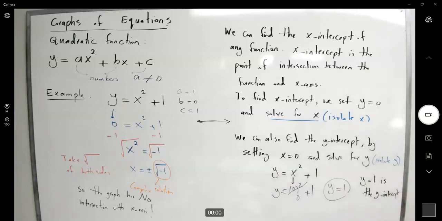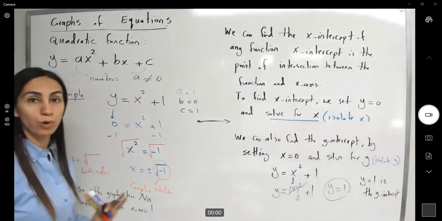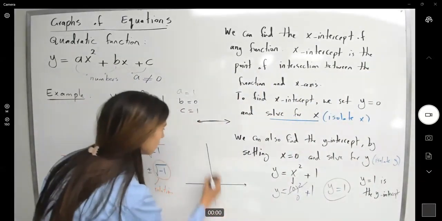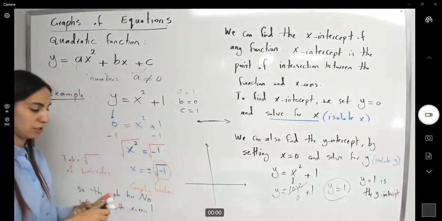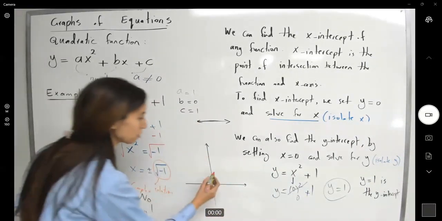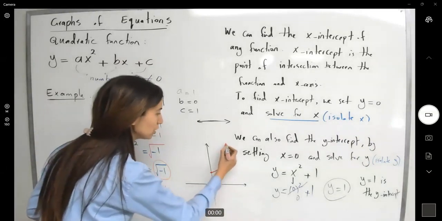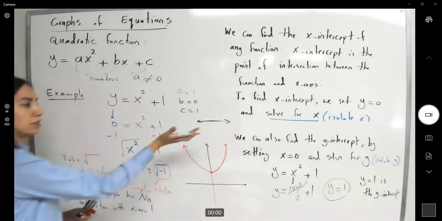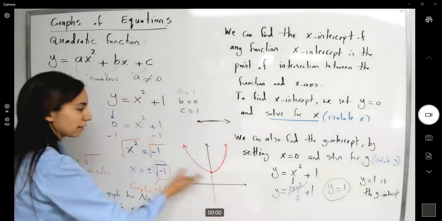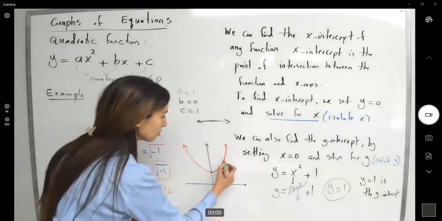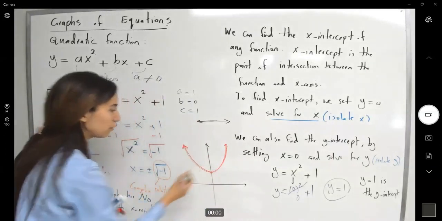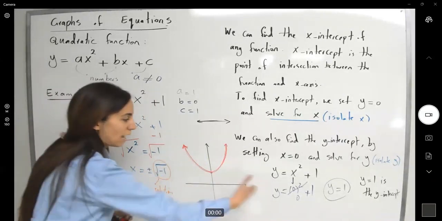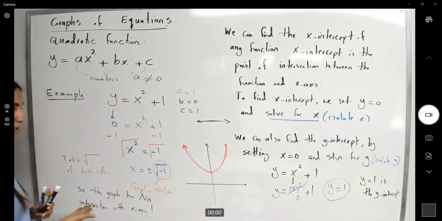So what is our observation here? If we use Desmos, the graph of the function is going to be like this. The function, the parabola, is moved 1 unit upward and it opens upward. So this is your parabola, and as you can see, there is no intersection between the graph and the x-axis.